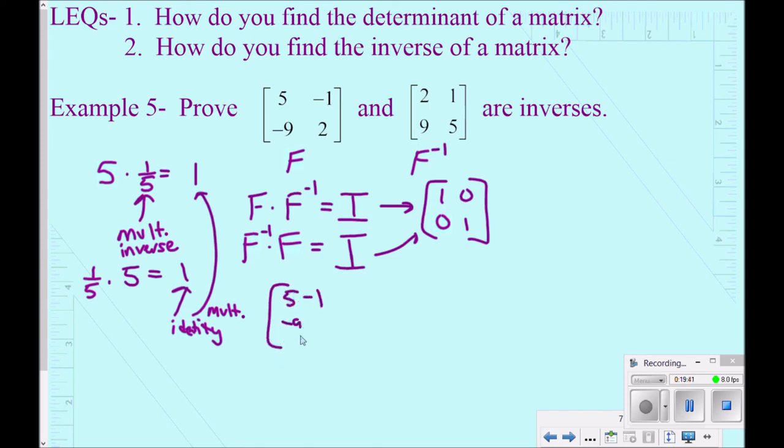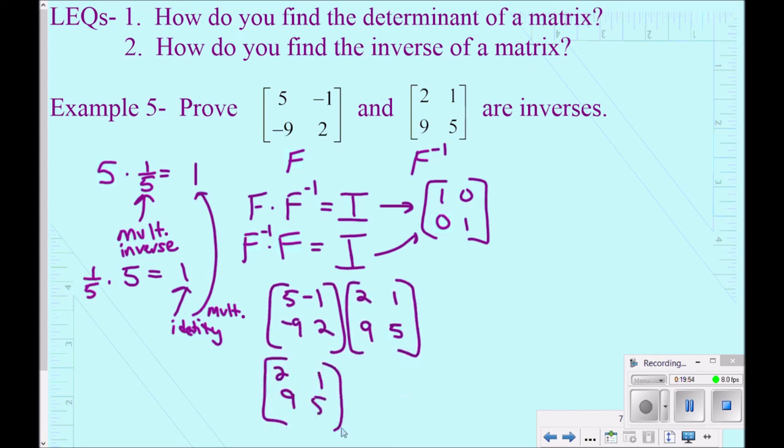I'm going to do them in the order they're written first, and then I'll flip around the order and multiply, and we'll see what we get as a product.